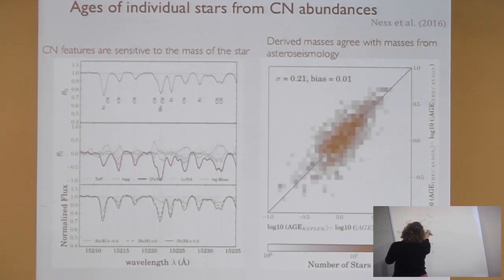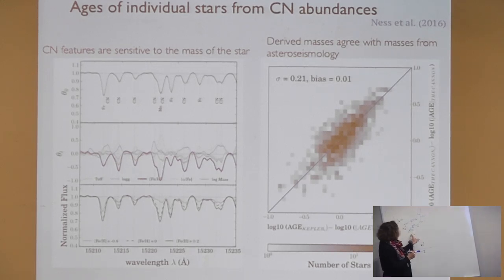And this will be a population, I don't know, 5 gigayear, perhaps? Okay? So there is a correspondence between the mass of the star that is evolving in the red giant branch and the age of the stellar population, of the parent stellar population of that star. Is it clear?